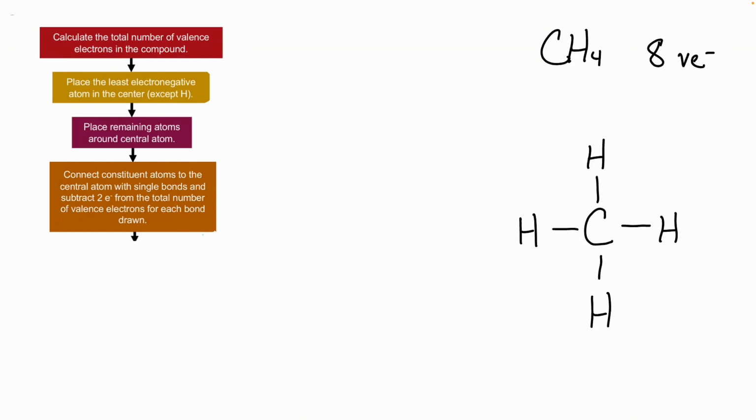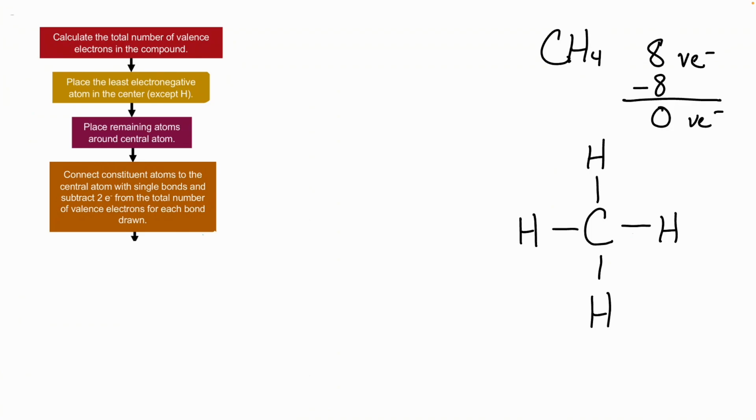Each one represents 2, so that'd be 2, 4, 6, 8. Now we have used up all of our electrons here. We're going to keep track up at the top and deduct. We don't have any more electrons that we can put down on the board. At this point we're done putting down electrons.